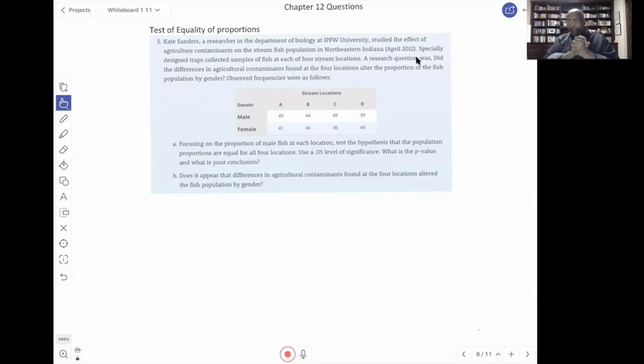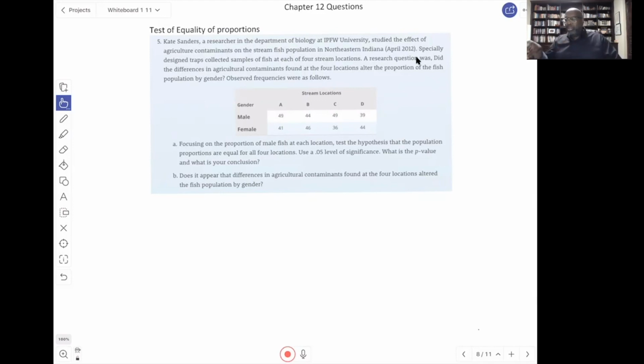The way we'll do that is we combine all the males across the 4 locations, and then take the total amount of fish overall and find what proportion of all the fish over all 4 locations happen to be male. Let's just say that was about 48%.